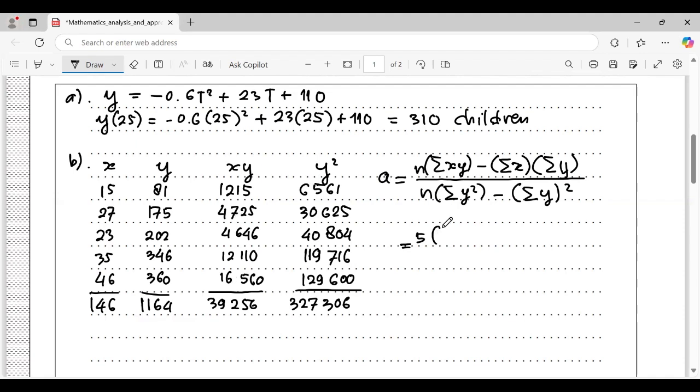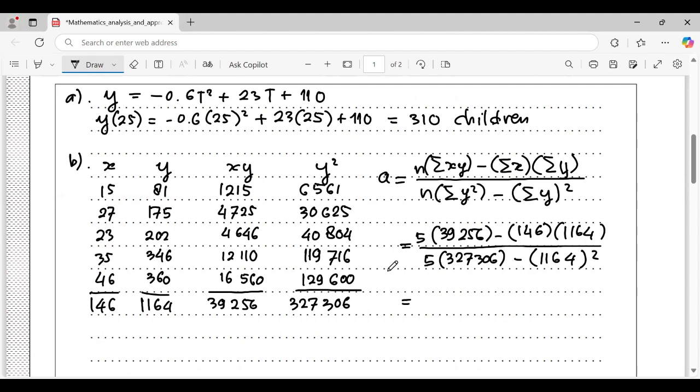Sigma xy is 139,256, minus sigma x, 146, times 1,164, divided by 5 times sigma y squared, 327,306, minus sigma y squared, 1,164 squared.